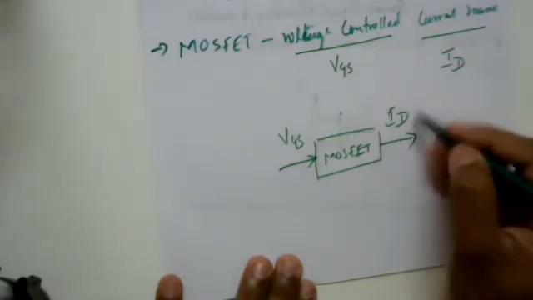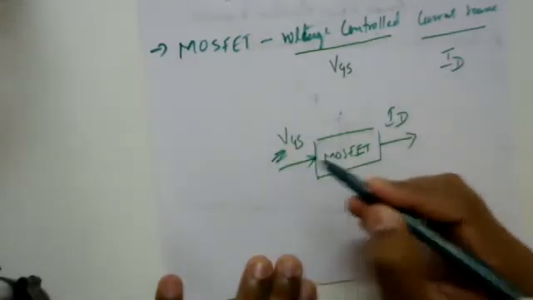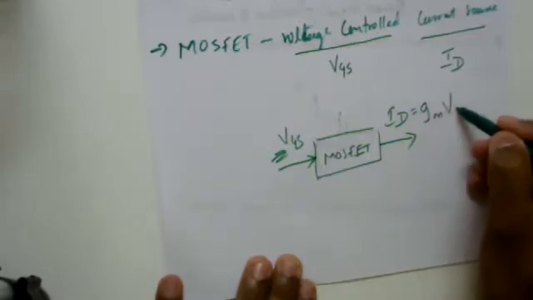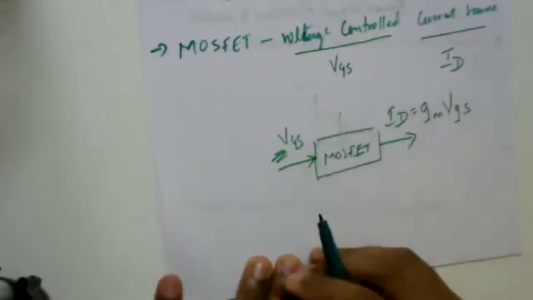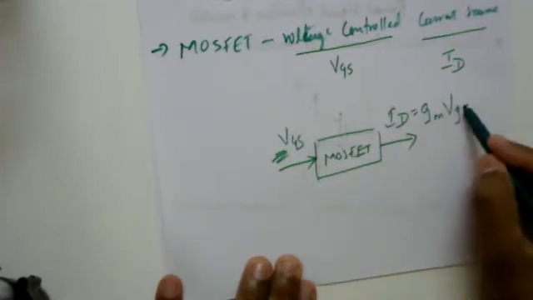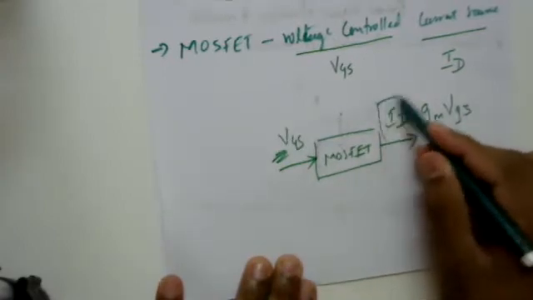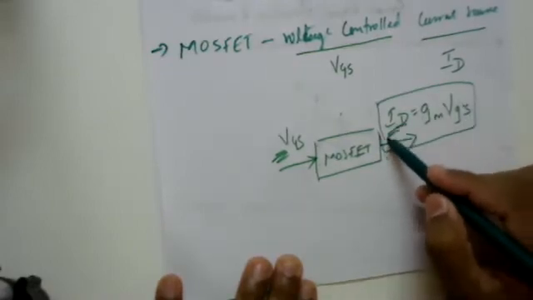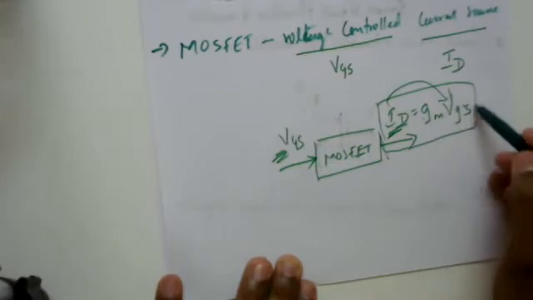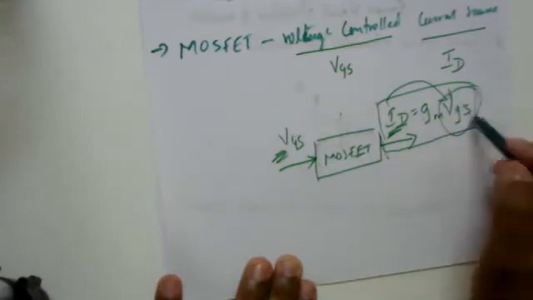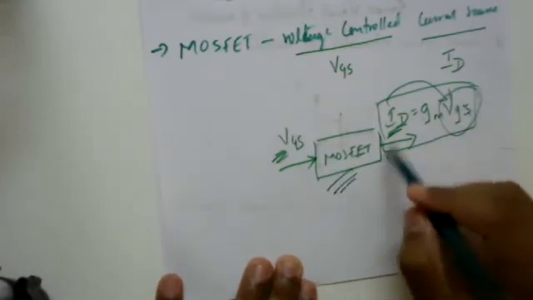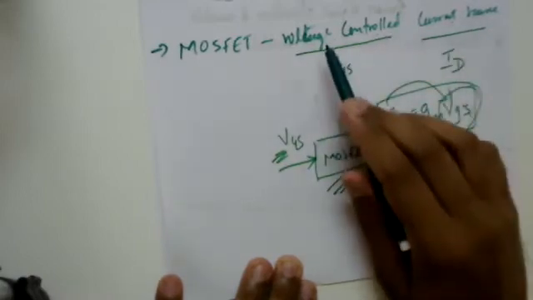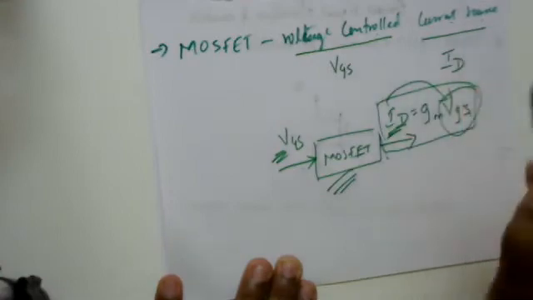This drain current in turn is dependent on VGS in the form of gm times VGS. This equation is self-explanatory: the output current is dependent on the input voltage. Hence, your MOSFET is said to be a voltage controlled current source.